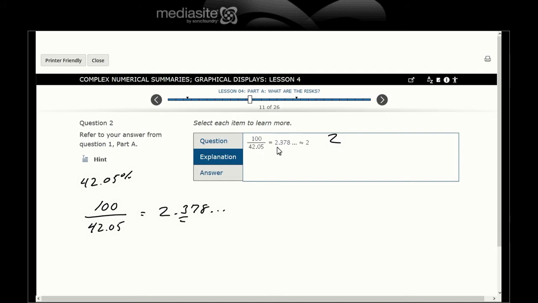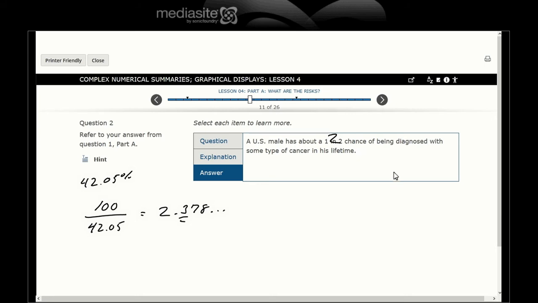Divided by 42.05, 2.378, approximately 2. So a 1 in 2 chance of being diagnosed.